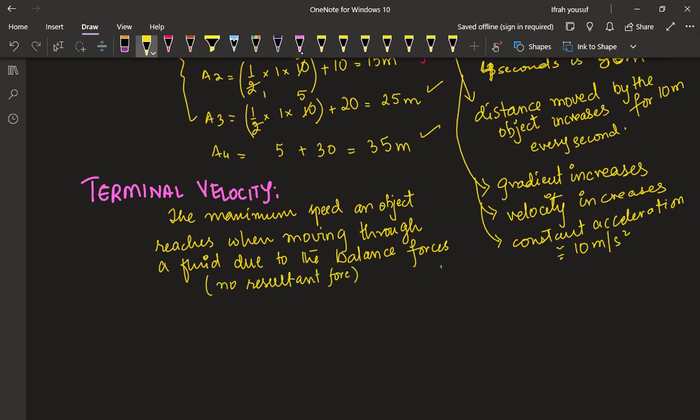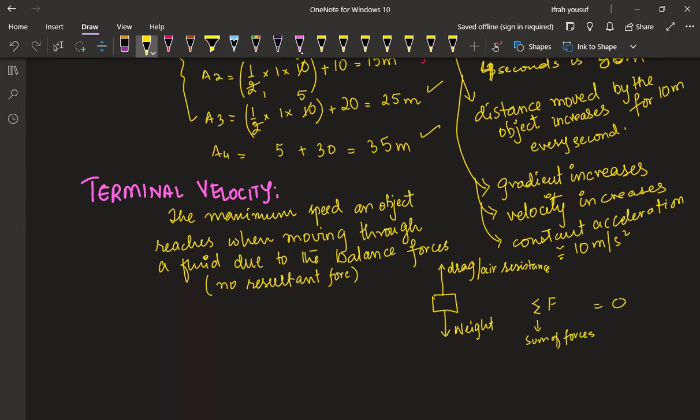right? That means the drag, that is the upward force, drag or air resistance. Can I say air resistance as well? Yeah. Okay. And the downward force is the weight of the object, right? So both become the same. The resultant force, sigma, the sum of forces, becomes 0.